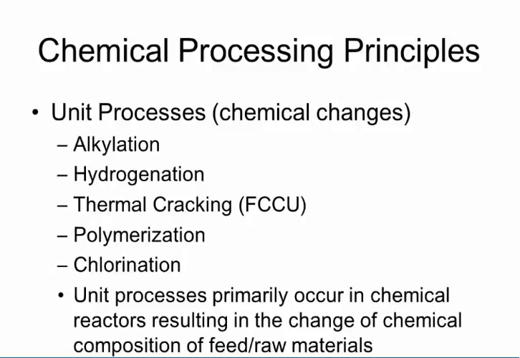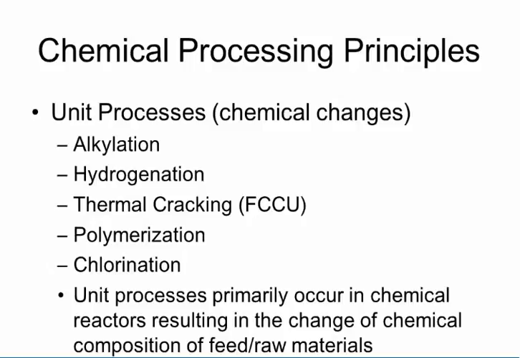Very commonly used in petrochemical, but also used in edible oil. Thermal cracking, fluid catalytic cracking unit, FCCU, certainly used in oil and gas quite a bit. Polymerization, what would we do without polymers?